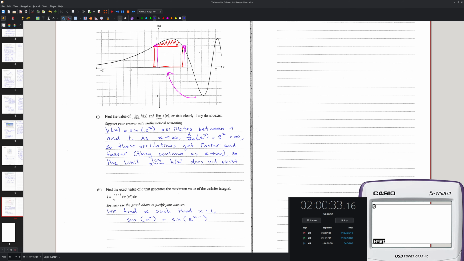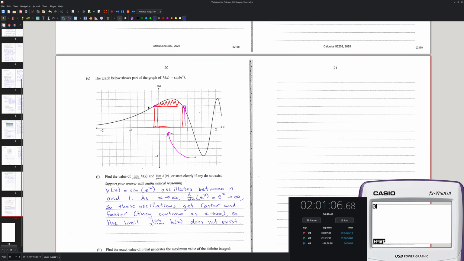Because if you think about it, the maximum value of the definite integral. Yo, guys, what are we trying to cook here, guys?